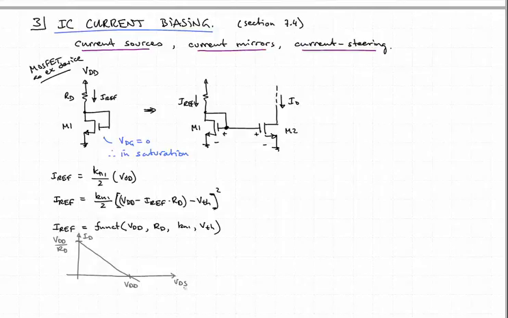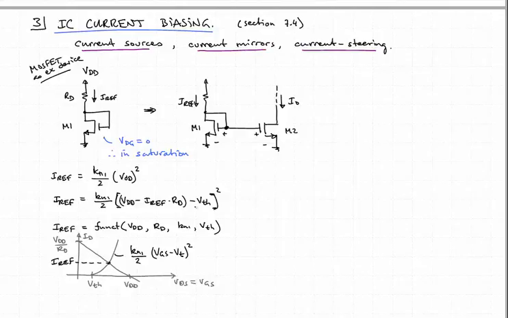If we plot the drain to source voltage here, which is equal to the gate to source voltage in this case, because they're tied together, we would have our square law curve here, which is expressed as Kn1, so that's our transconductance coefficient, divided by 2 times VGS minus V threshold squared. All right, and the intercept here is the operating point. That's going to be our Iref.